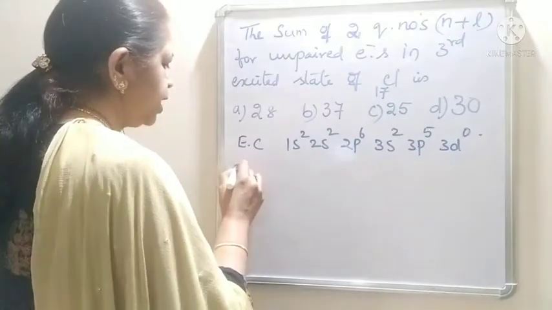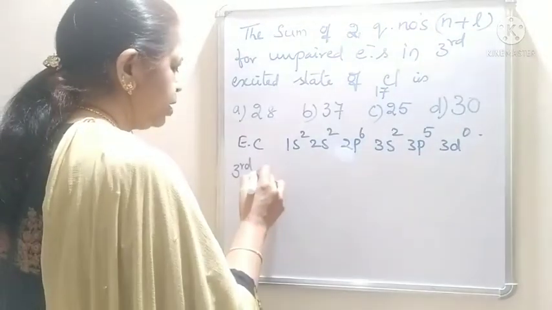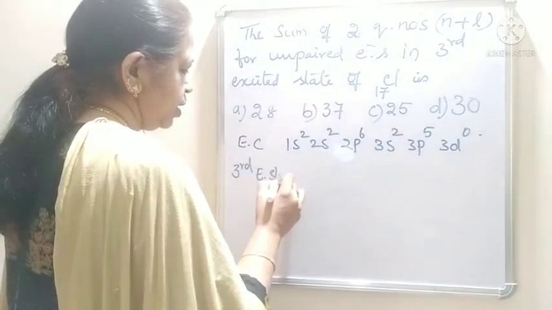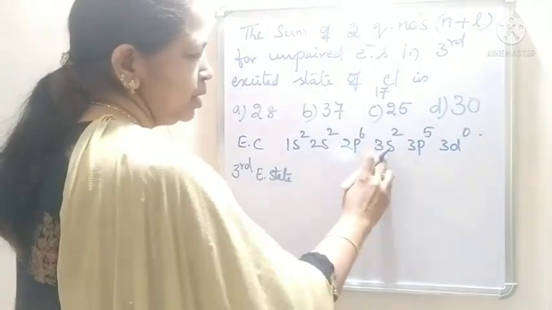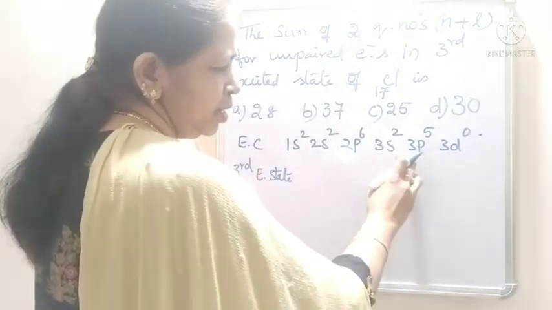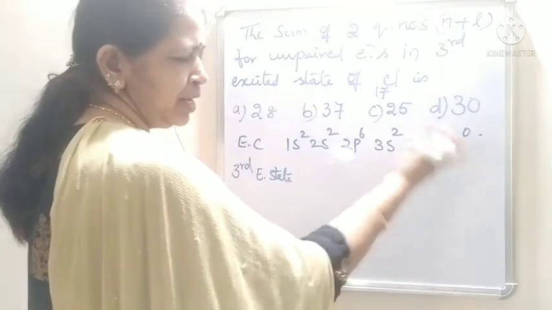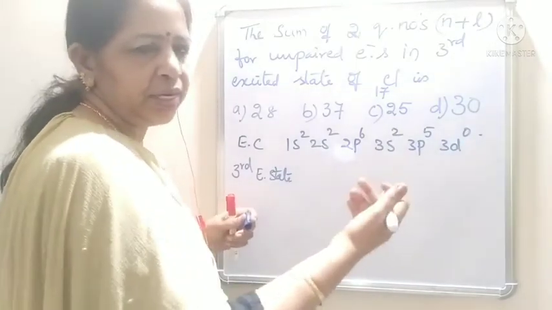Now, the third excited state. In the 3s orbital, 2 paired electrons will get unpaired in the third excited state.